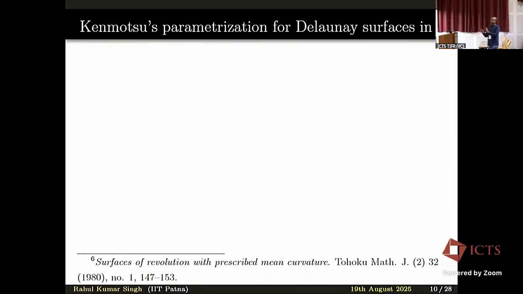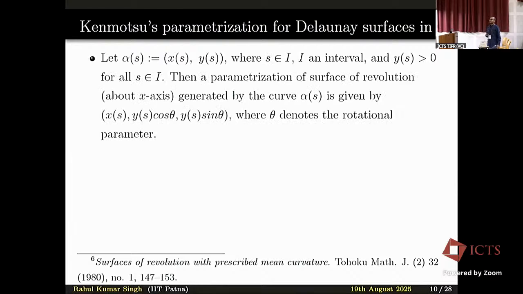in a very special case, I am just showing you the parametrization, but Kenmotsu has derived a very general parametrization. For our purpose, when you assume you have constant mean curvature, you have a very simple parametrization. You start with an arc-length parameterized curve, and you can assume that this coordinate is always positive.